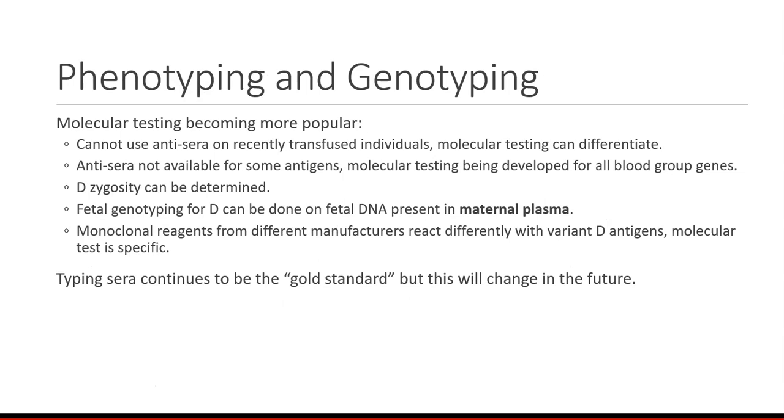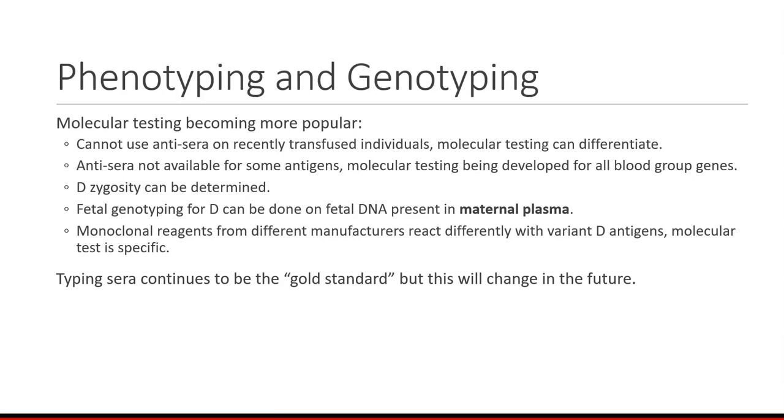Molecular testing is becoming more popular, but is still too expensive for individual transfusion services to do it. It's becoming more popular in the donor centers. You cannot use anti-sera on recently transfused individuals, so molecular testing can help differentiate.